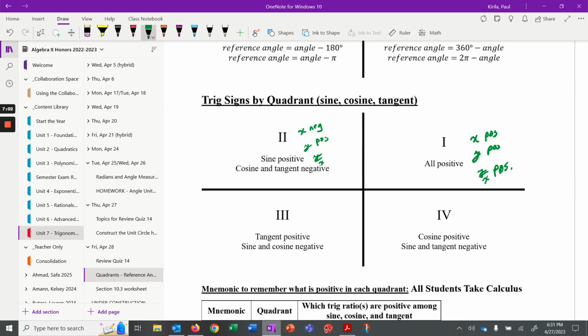And tangent is sine over cosine, a positive divided by a negative, so tangent is negative. In quadrant 3, x or cosine is negative, y or sine is negative, and a negative divided by a negative is positive, so in quadrant 3, just the tangent is positive. In quadrant 4, x or cosine is positive, y or sine is negative, and a negative divided by positive is negative, so only the cosine is positive.